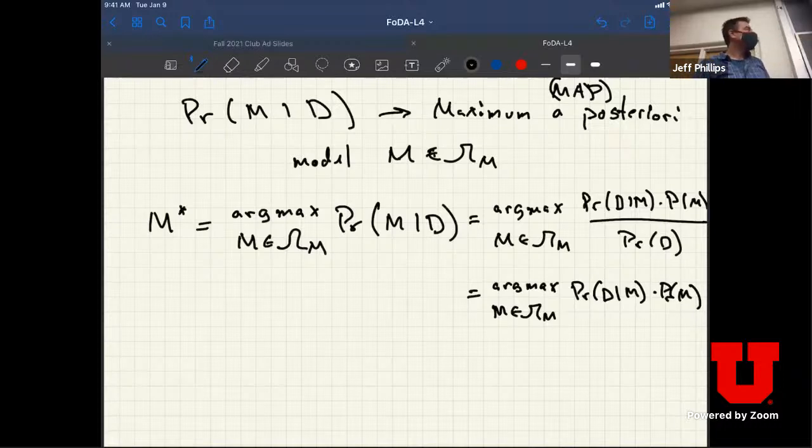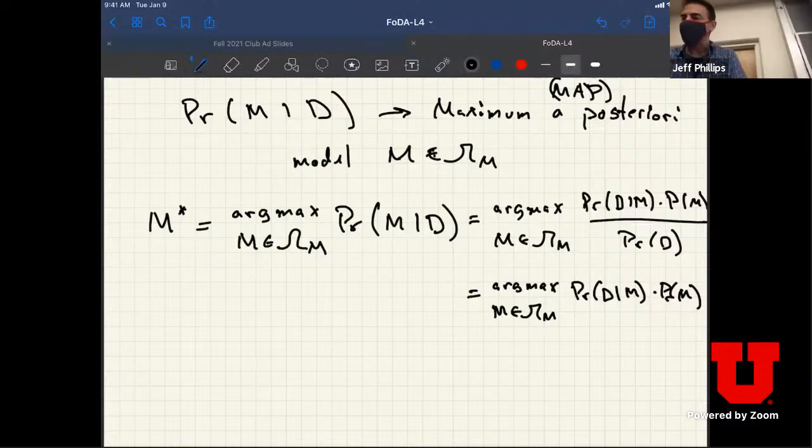So when I'm asking for the argmax, I can drop out this denominator. Why can I drop it out? Well, it's the same for every model. The model, which is what I'm maximizing over, is not in that function, the probability of the data. So I can just drop it here. The same thing we did with the probability that the windshield was cracked.